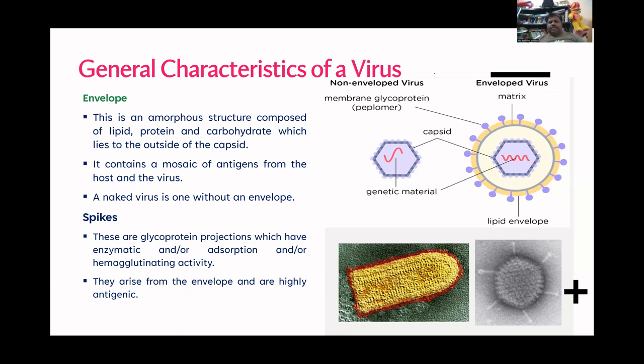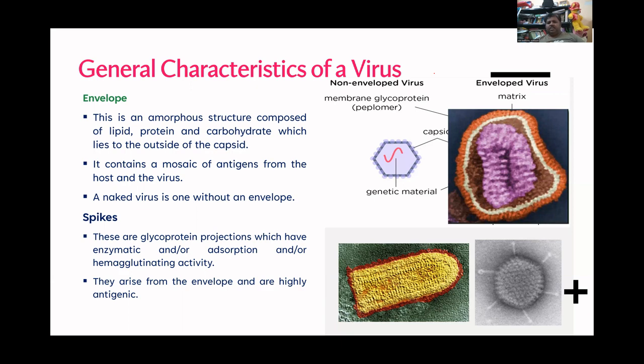For example, they can be glycoprotein projections or they can be enzymatic in action. For example, in case of influenza virus, the hemagglutinin spike has its activity. And these spikes or the envelopes can act as the antigenic regions of the virus. They can basically be formed by a lipid membrane.